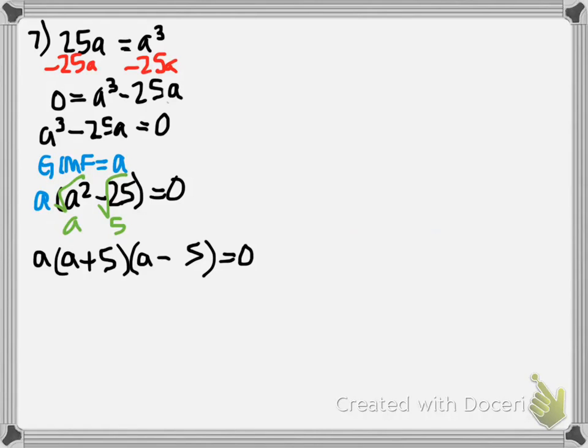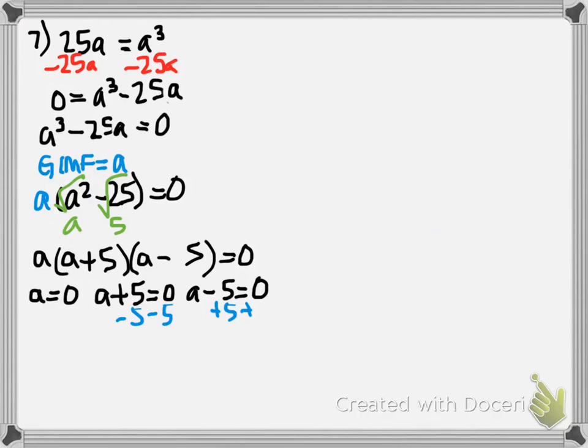So now I'm supposed to take and set each factor equal to 0, and that's each factor that contains a variable. So I have 3 factors that contain variables. The first one's already solved, and in the next, I'm going to subtract 5 from both sides. I'm going to add 5 to both sides, and I get a equals negative 5 and a equals positive 5.